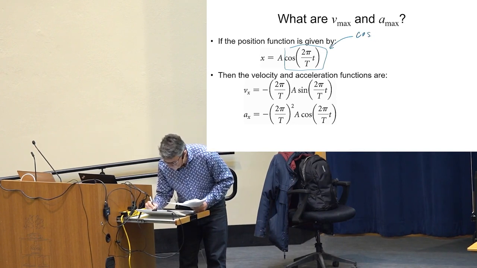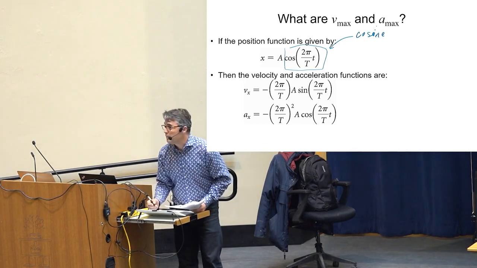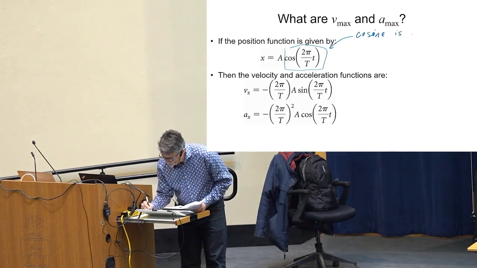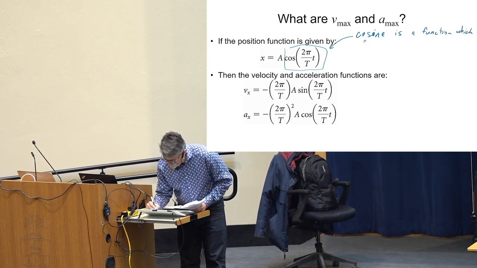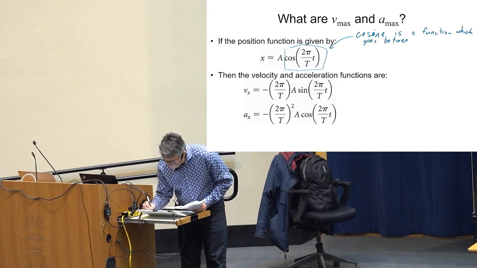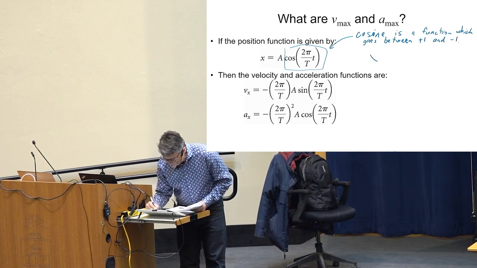Cosine is a function whose maximum is 1 and minimum is -1; it goes between +1 and -1. So that means that x max is equal to A. Make sense?